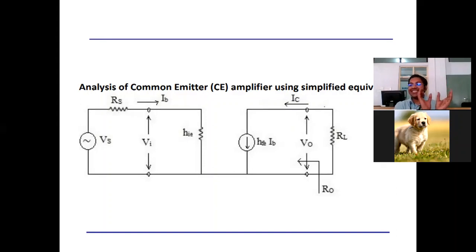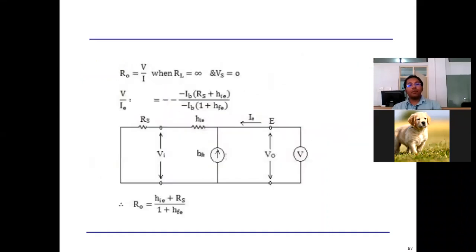Either you can analyze the stages individually, stage 1 voltage gain, stage 2 voltage gain, then overall voltage gain, or, if you have multiple transistors, you can see this as a single circuit and analyze overall. The results you get will be the same. So we will go for multi-stage amplifiers.